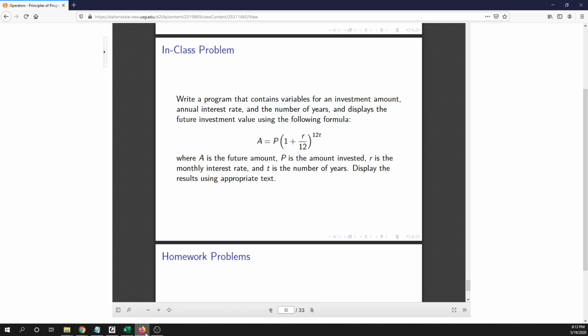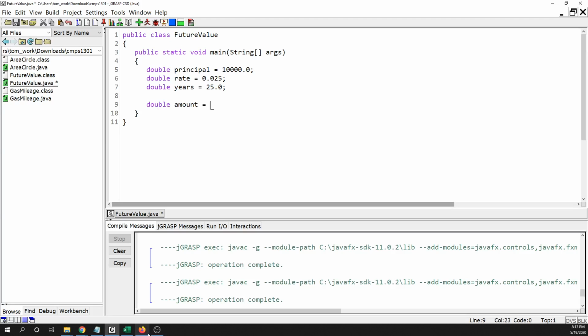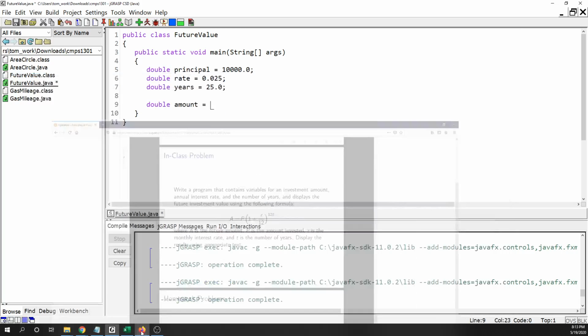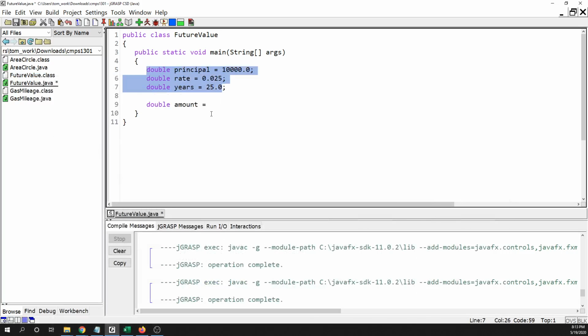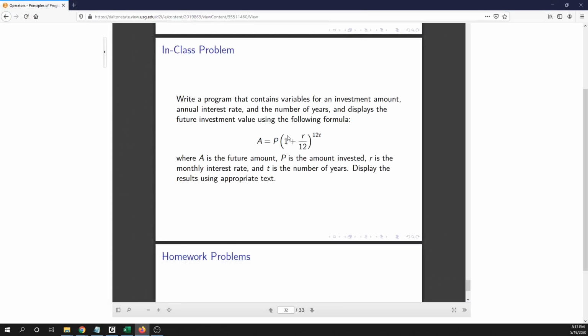According to this formula, I'm going to declare a variable for that. And then now it's a matter of typing in this formula here. So again, this is kind of the input part, and then this will be our process part. I'm going to take that and make this calculation.